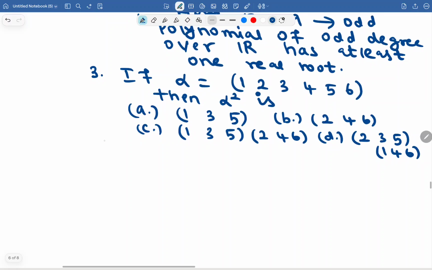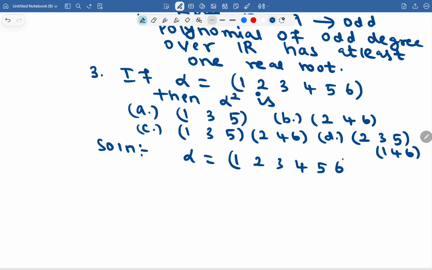What is given? Alpha is 1, 2, 3, 4, 5, 6. I am going to write this as 1 maps to 2, 2 maps to 3, 3 maps to 4, 4 maps to 5, 5 maps to 6, 6 maps to 1.